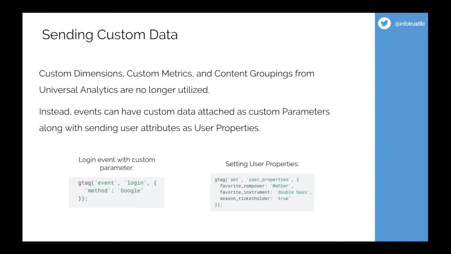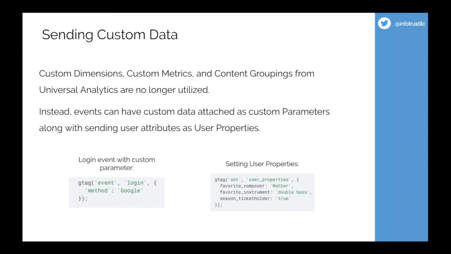So in the bottom left-hand corner here, you can see in this example, this is just sending an event for logging in with a custom parameter of the actual login method. And then in the bottom right-hand corner, we see setting user properties. What this is doing is setting user attributes, so all of the different hits correspond with this specific user for their favorite composer, instrument, ticket holder, stuff like that.